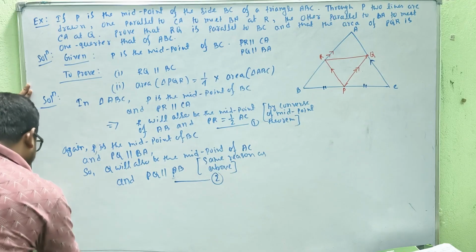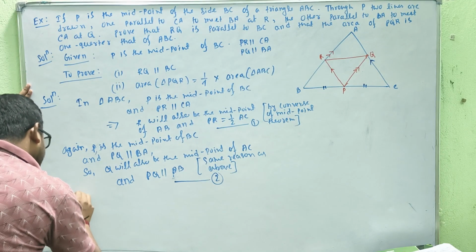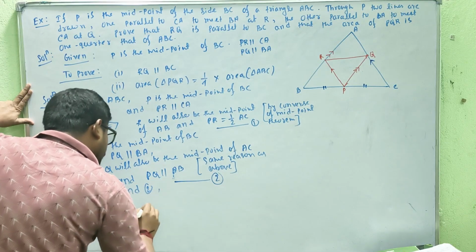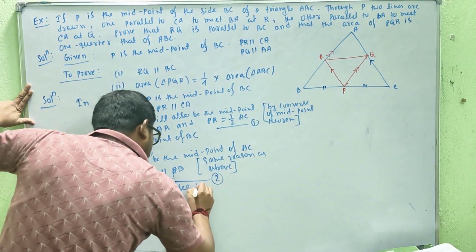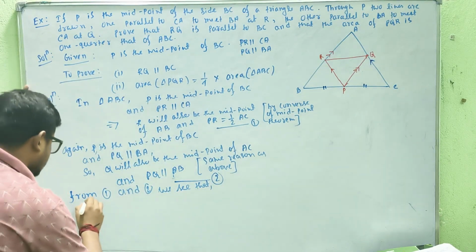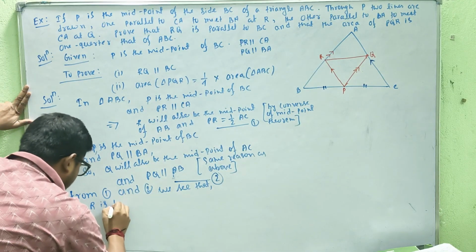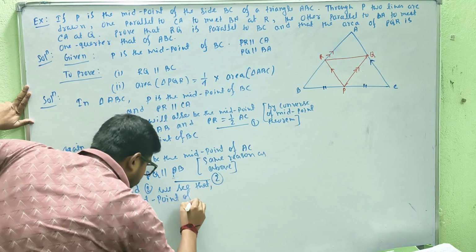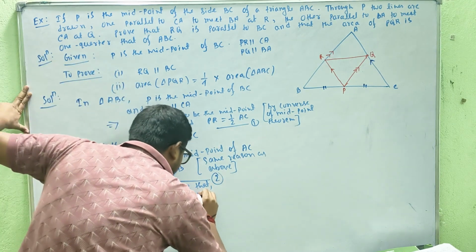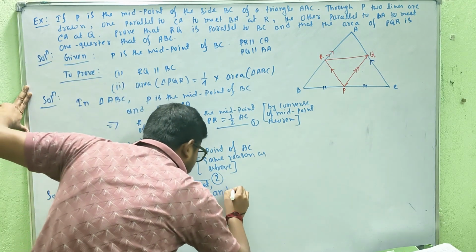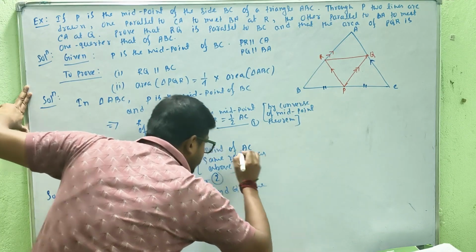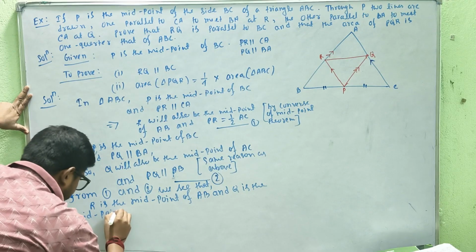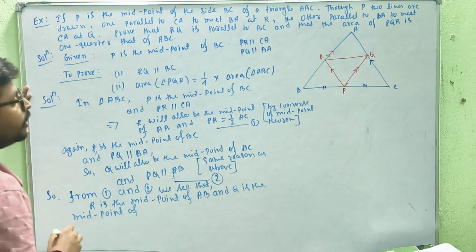So from 1 and 2 we see that R is the midpoint of AB and Q is the midpoint of AC.